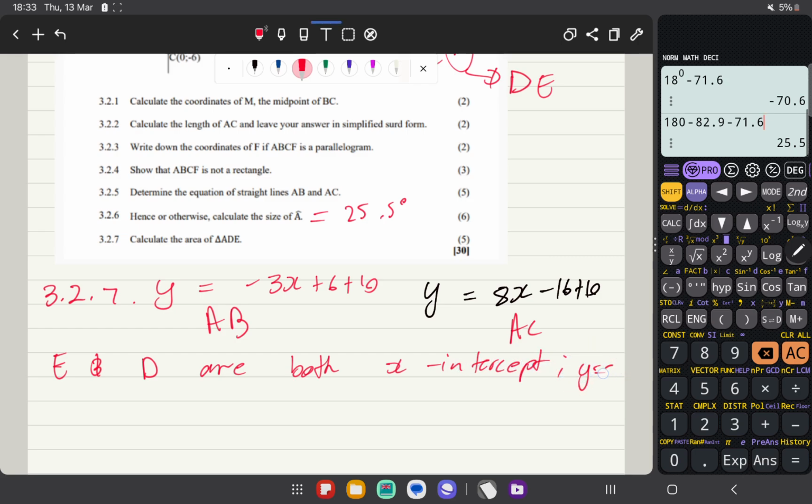That means y is equal to 0. This one is going to help me find point E, and this one is going to help me find point D.